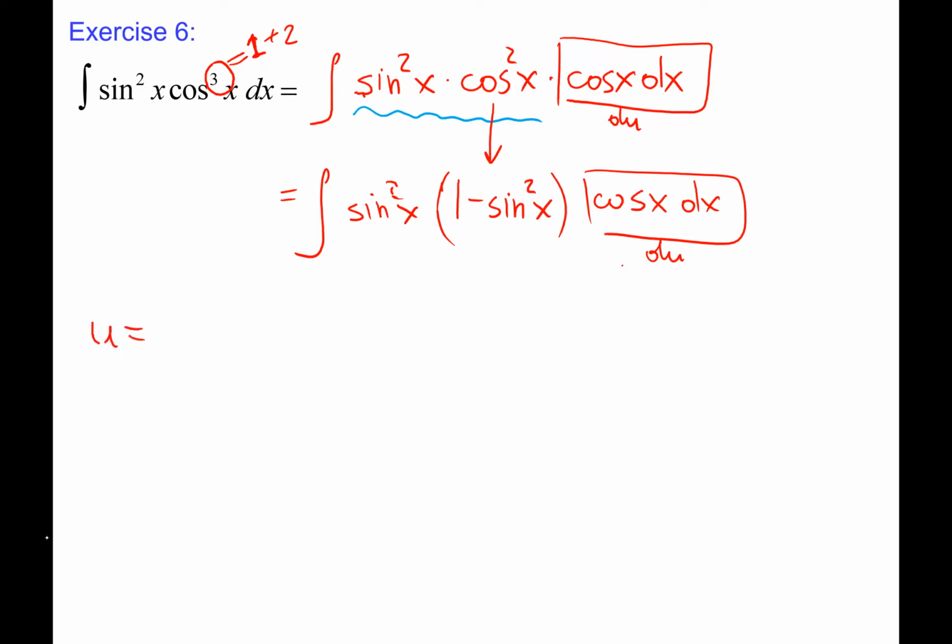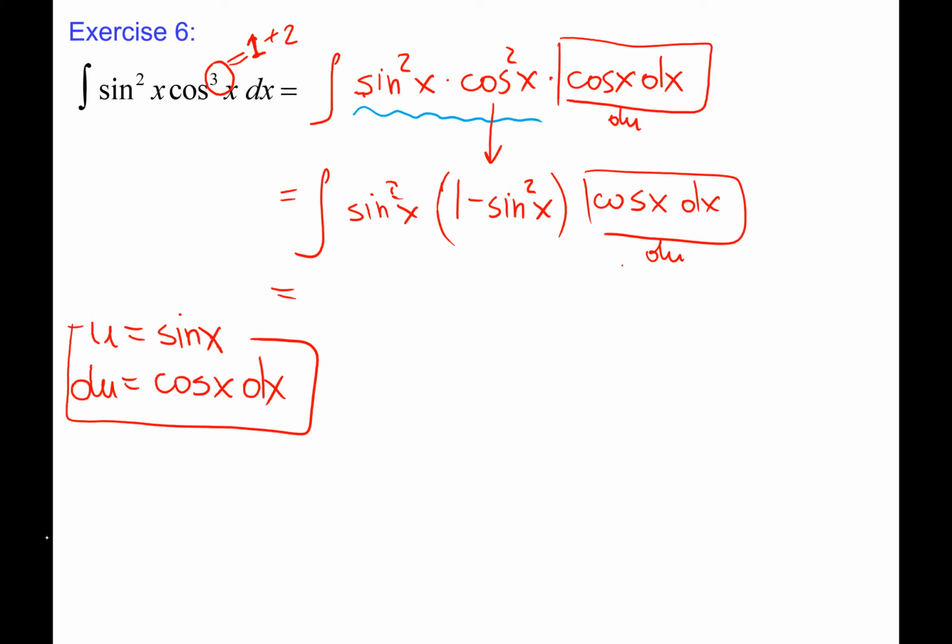Now I think we're ready. Let u be sine of x. The derivative of sine of x is cosine of x dx, and we can see I have my box ready. It means my integral will be u squared times 1 minus u squared, and this is my du, cosine of x dx.